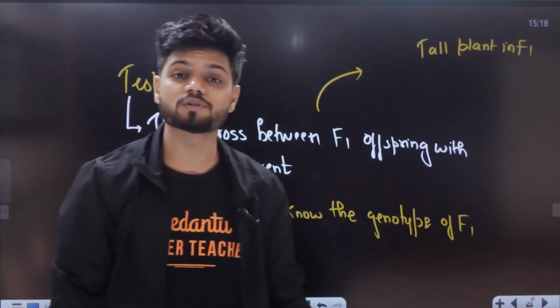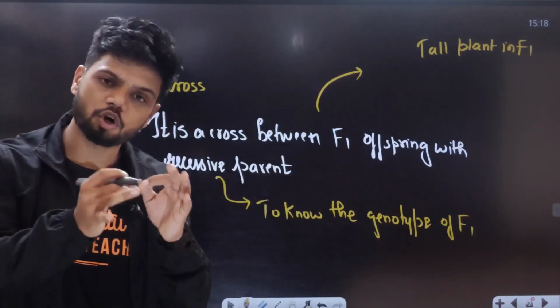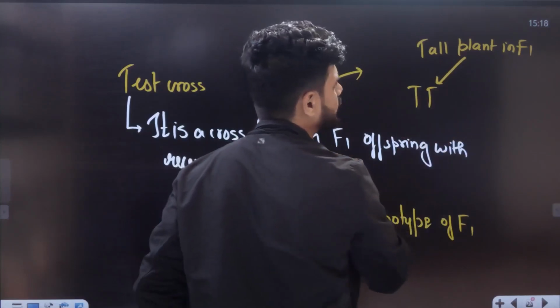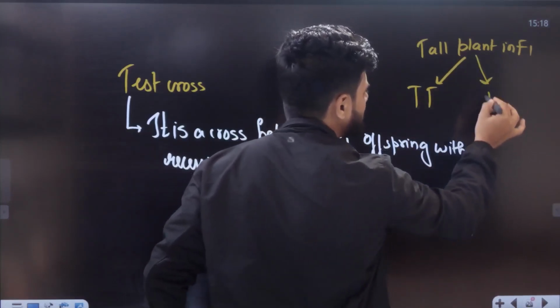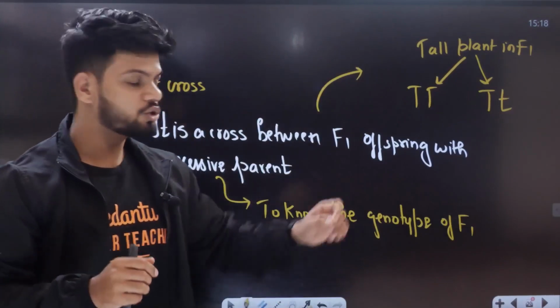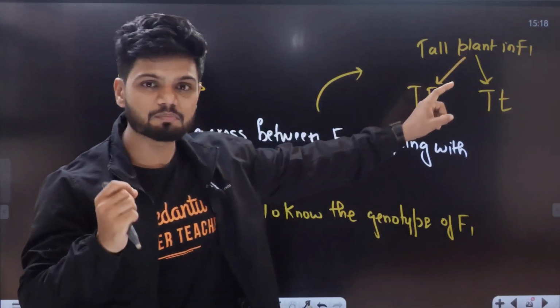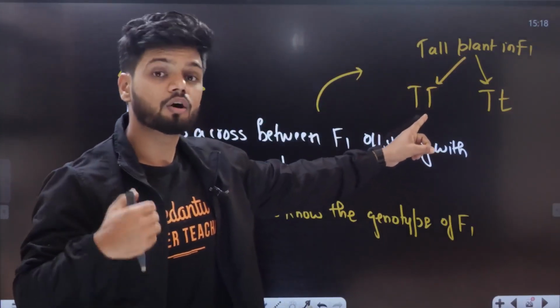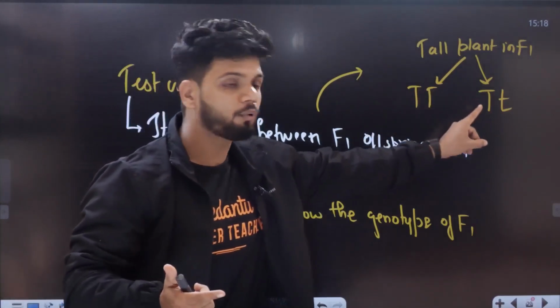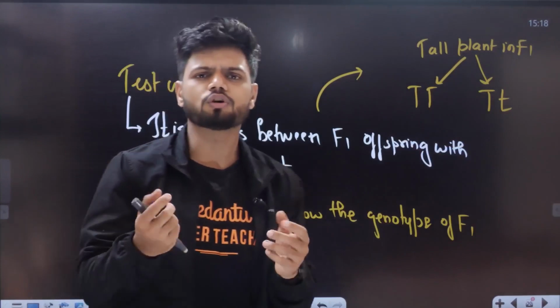What are the possible genotypes? The genotype of a tall plant can be capital T, capital T, completely dominant, or capital T, small t. So the genotype can be homozygous dominant or heterozygous dominant. Both possibilities are true, but we do not know which one it is.